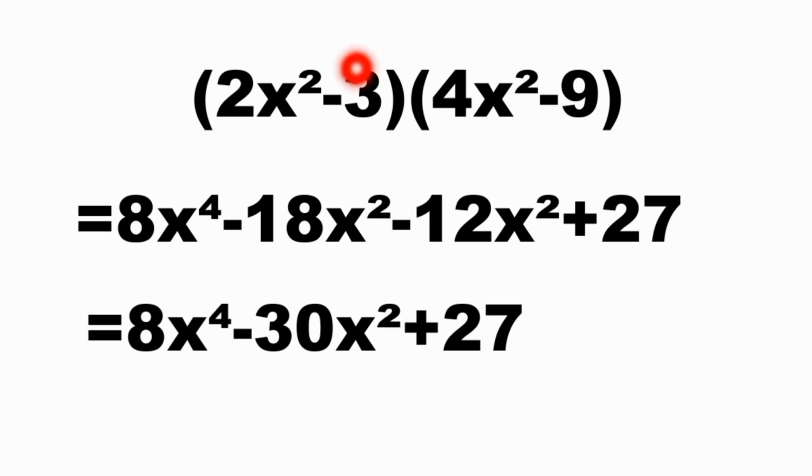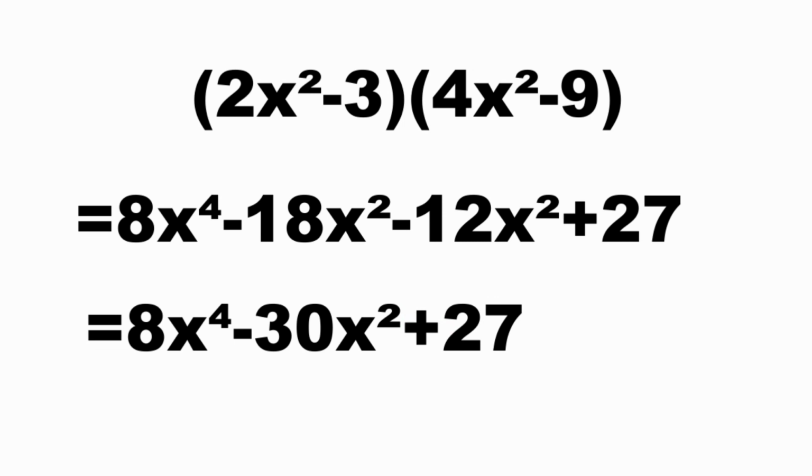If the last numbers 3 and 9 are both negative, the last term of the result is positive. If they are opposite in sign, one plus and one minus, the last term is negative, or minus.